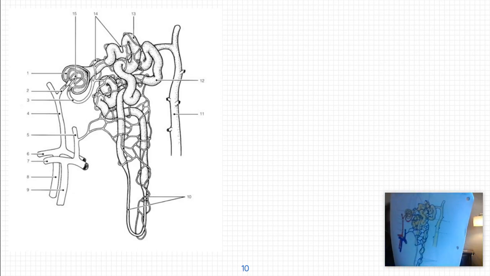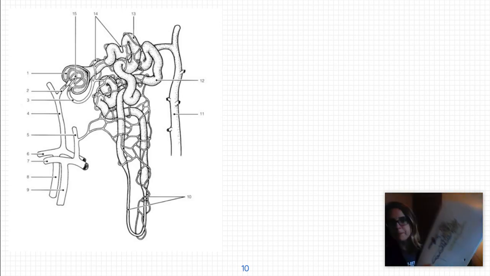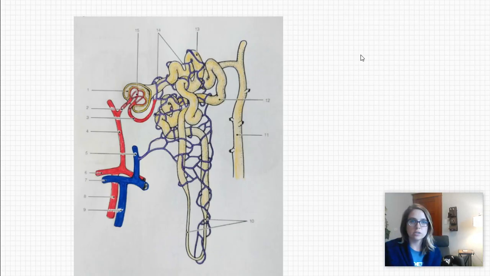So I colored mine and I took a picture of it and added it here to the slideshow. And so you can see the arteries and the veins a little easier if you do color them here. So what I've got going on is some red. Please note kind of where this transition is and what is considered the artery on the inside here and what's yellow.